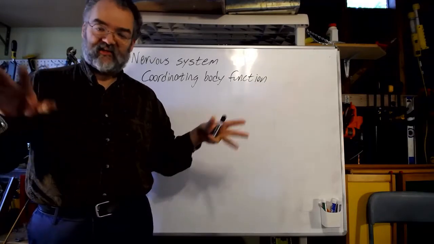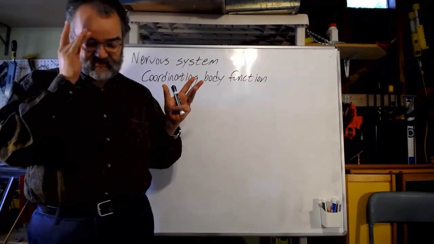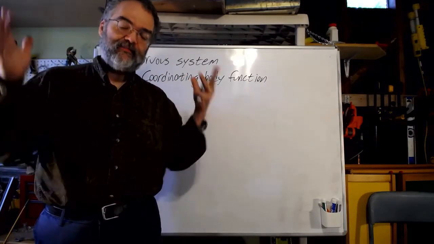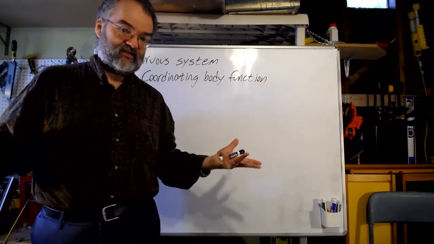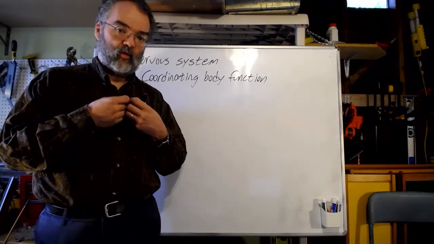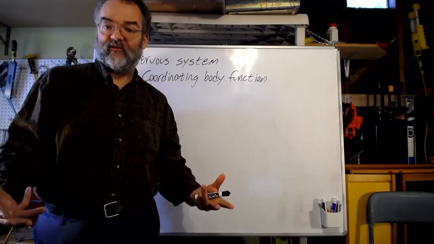I guess there are subtleties there. We'll talk about the enteric nervous system a little later. But in general, the pattern is sensory information, either from within the body or from outside, comes to the brain and spinal cord. Some sort of processing is done, and then a response comes out from there.